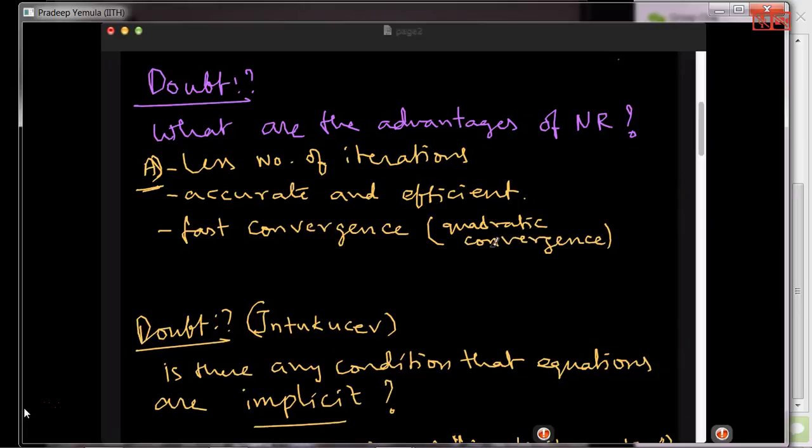It is that every iteration your accuracy will keep on increasing. That means if you are accurate up to one decimal place in one iteration, in the next iteration your accuracy will be two decimal places, and the next iteration four decimal places, and the next iteration eight decimal places. So like that, your accuracy will improve very fast. That is about quadratic convergence.